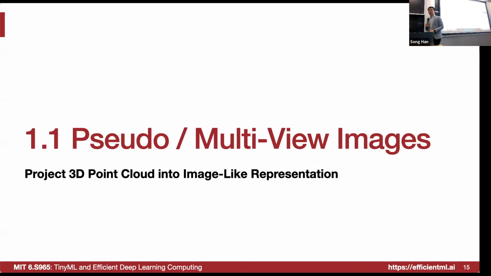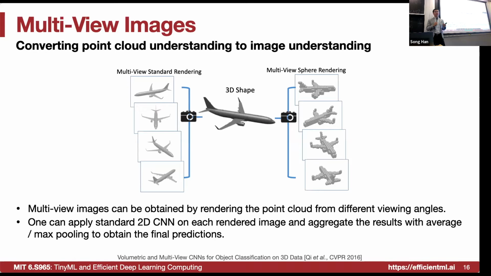So we'll start with something very easy, using the pseudo image or multi-view image to project the 3D point cloud to image-like representations. And we can use what we can already do, which is 2D image recognition, to recognize something we otherwise cannot do, for example, 3D shape understanding. In this example, these multi-view images can be obtained by rendering the point cloud from different viewing angles: from the side, from the top, from the left side, from the right-hand side.